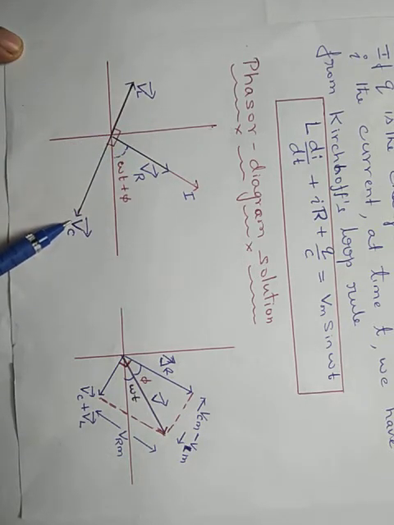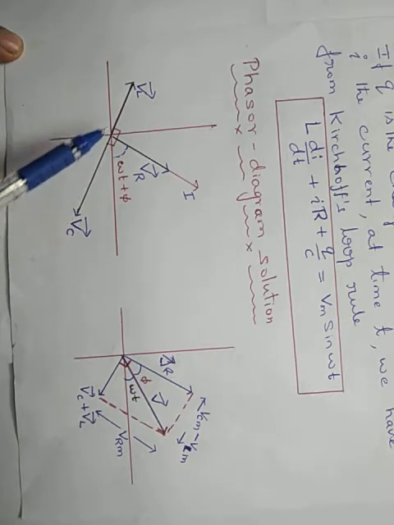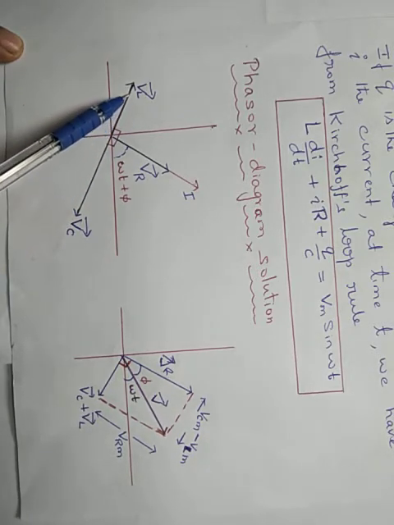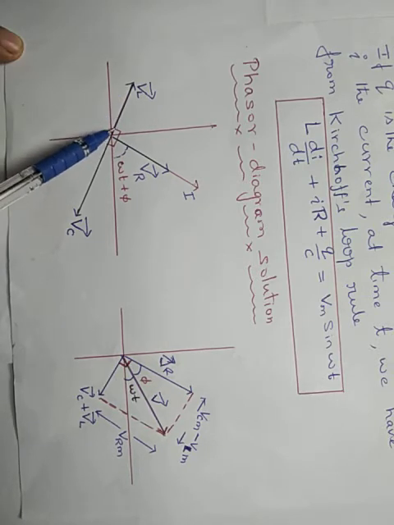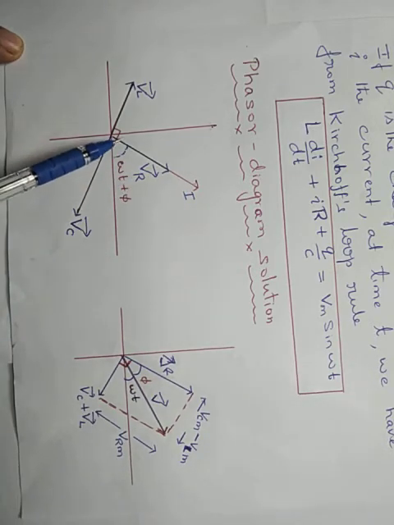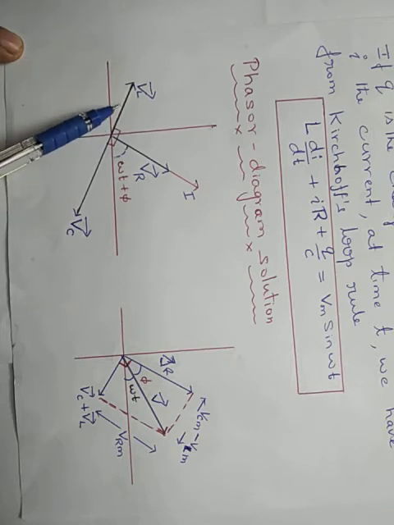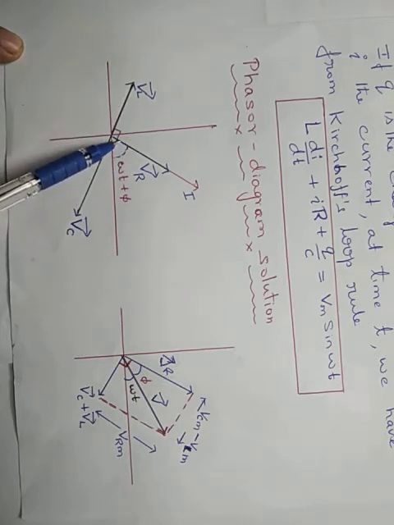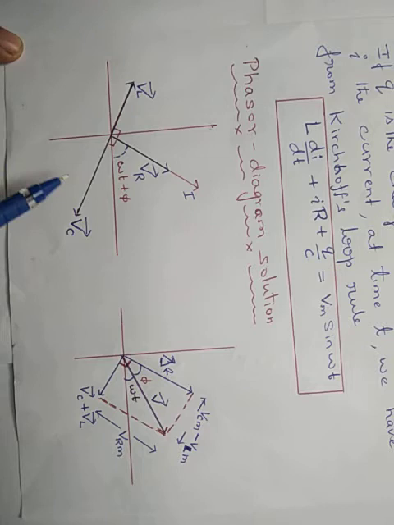So, this arrow represents VC, and we know the voltage across the inductor leads the current by pi by 2. So, this line represents current. So, voltage leads the current by pi by 2 or current lags the voltage by pi by 2. Okay. So, this is a very important one.